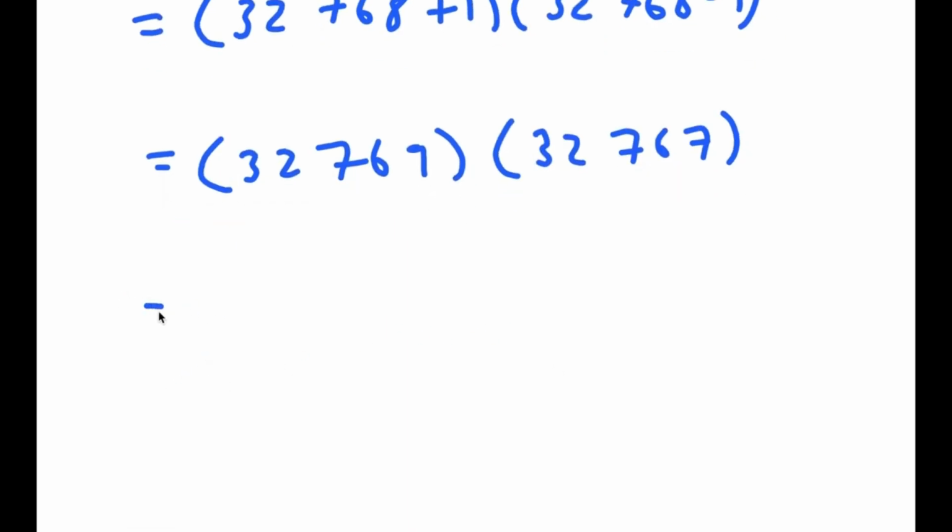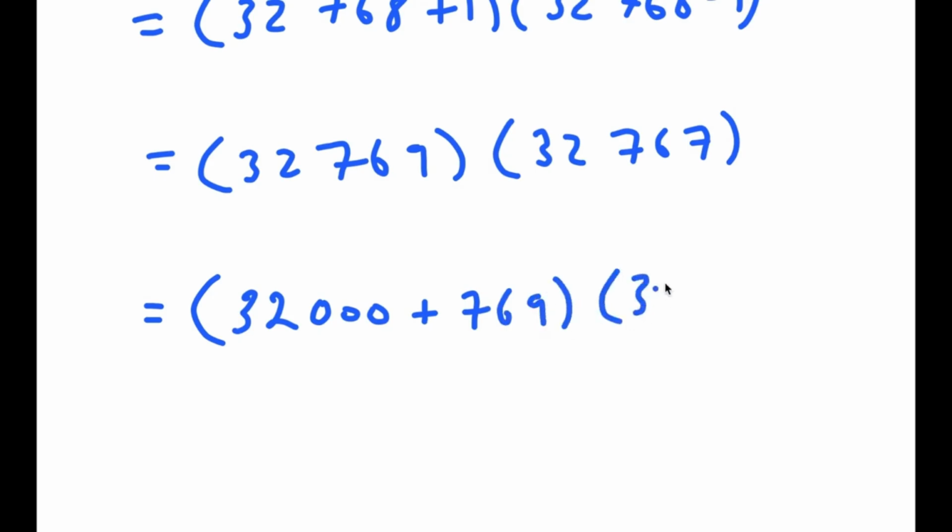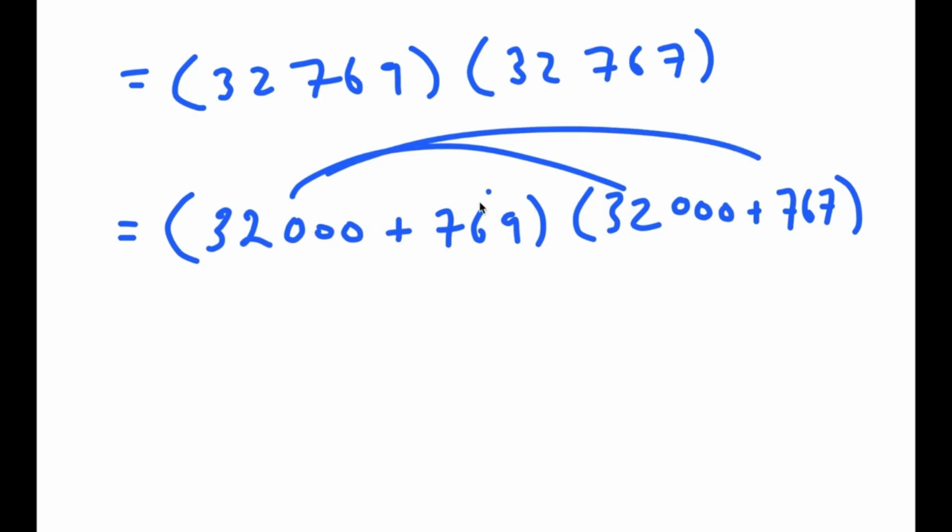Now, a simple way to solve this, instead of having to actually multiply them the regular way, is to rewrite this as 32,000 plus 769 times 32,000 plus 767. Now I'm going to distribute.